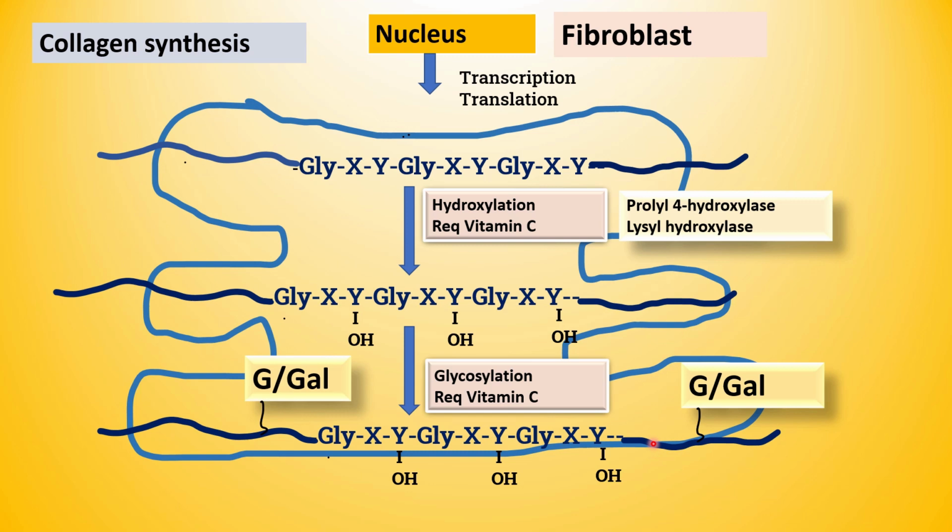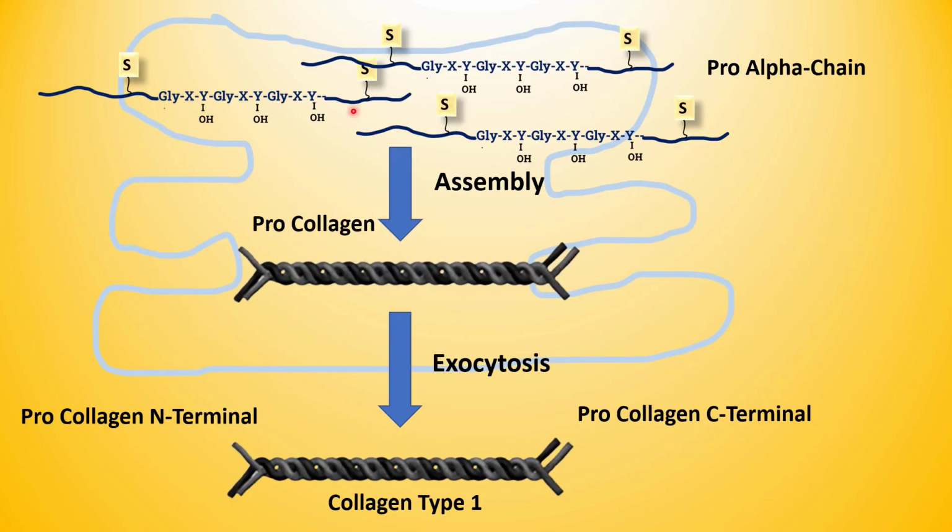Before exit, there is assembly of the pro alpha chains in the Golgi apparatus. After assembly, the three pro alpha chains form procollagen.